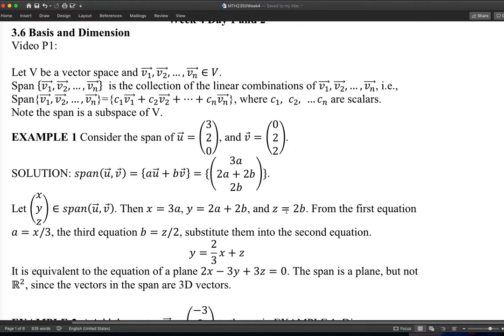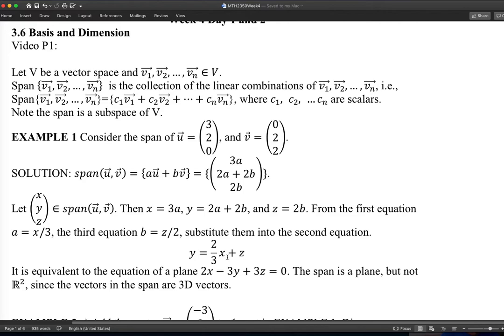Then I solved for a from the first equation, solved for b from the third equation, and put everything back into the equation in the middle. This gives a better idea of how the span looks: y equals 2/3 times x plus z.